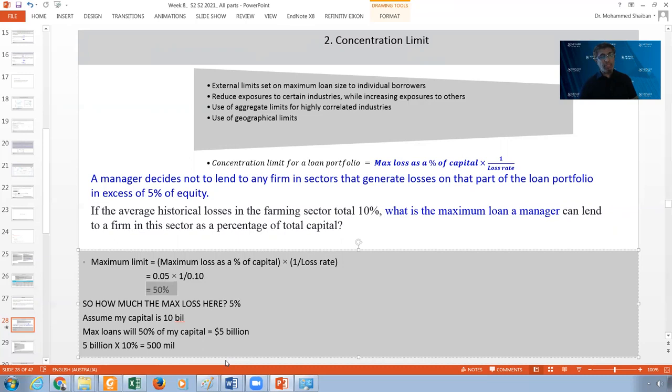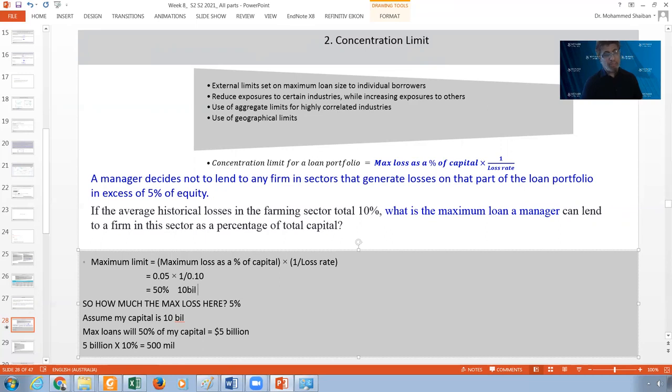What do you mean by 50%? 50% means this is the maximum of my capital, not of my assets, that I can invest in this industry. If my capital, as I said, is 10 billion, how much will I invest maximum in this industry? 5 billion.